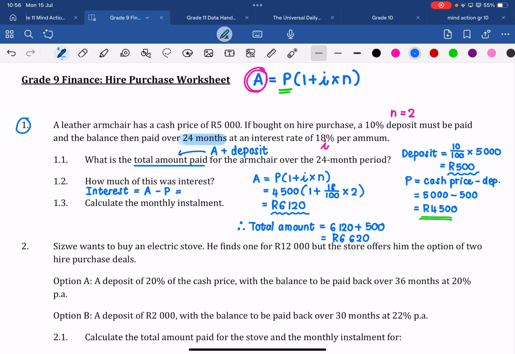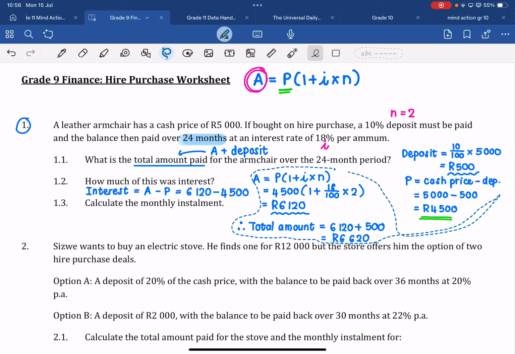Okay, what was the A value? We worked it out. 6,120 minus the P value was 4,500. Let me just move this over a little bit.